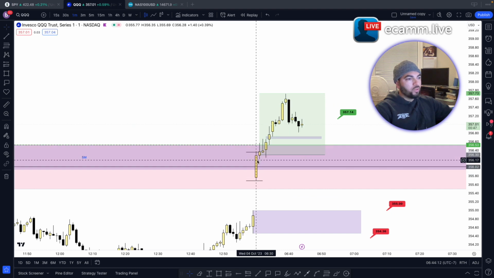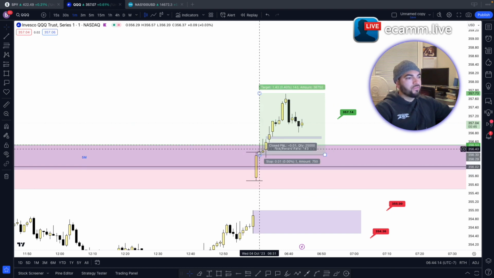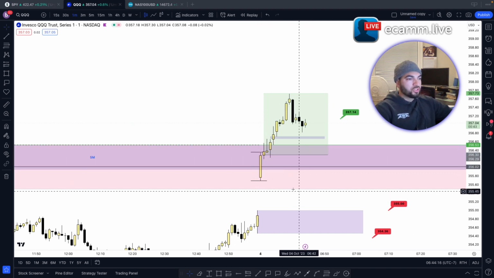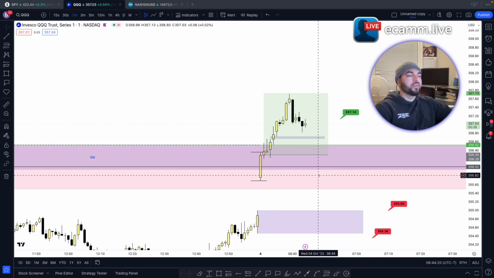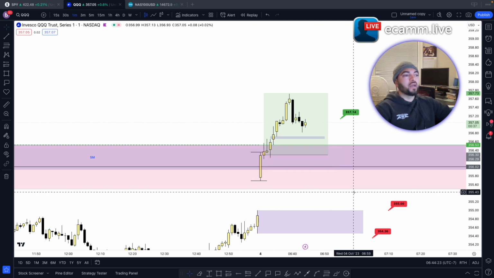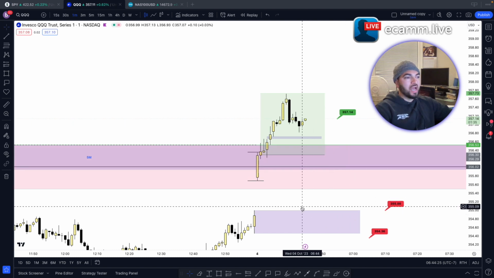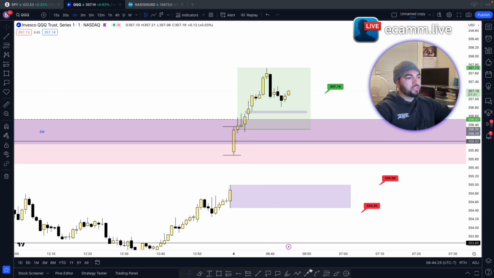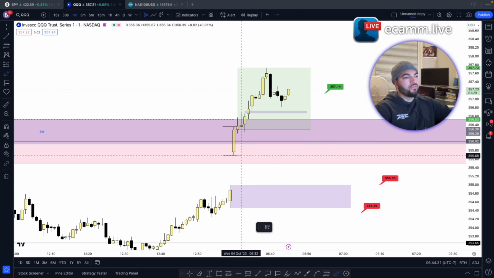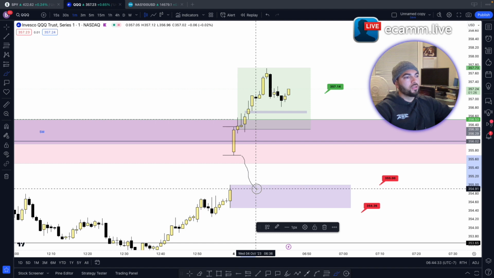And we were really just slicing through this 5-minute supply, which is the reason why you see me enter calls in a supply zone, because ideally you want to take puts out of supply zones and you want to take calls out of demand zones. But price is not always going to come and fill this gap, right?